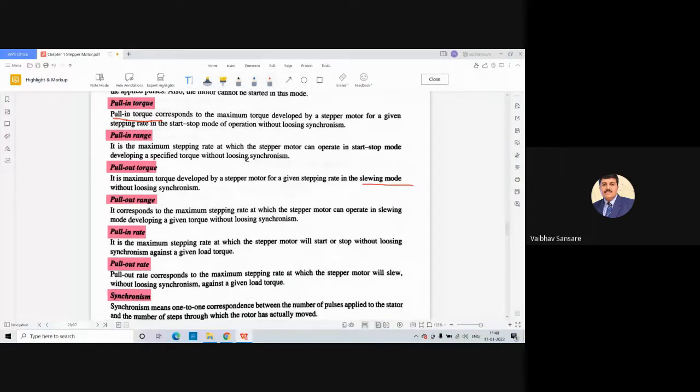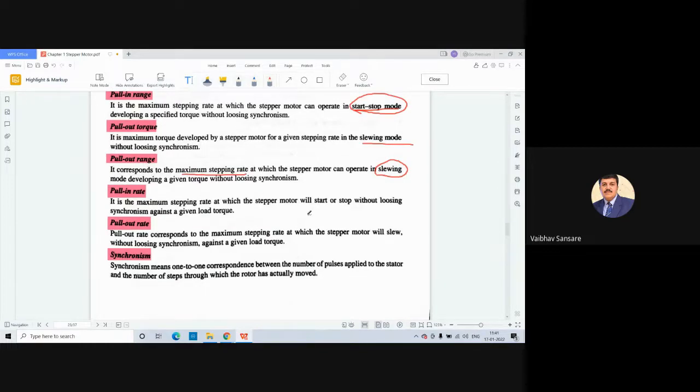The same type of range exists for pull-out torque, that is the pull-out range. Pull-out range corresponds to the maximum stepping rate at which the stepper motor can operate in slewing mode, developing the given torque. Pull-in range is for start-stop mode of operation, and pull-out range is for slewing mode of operation.